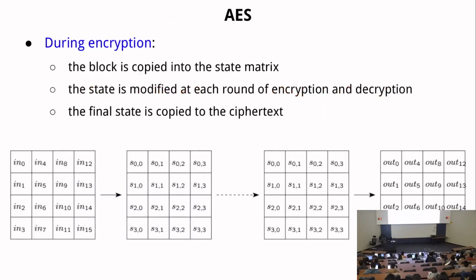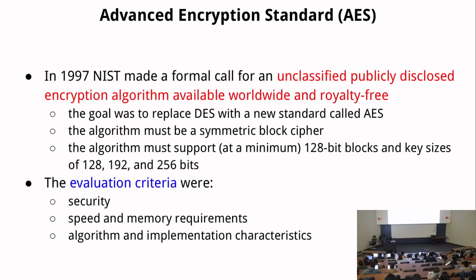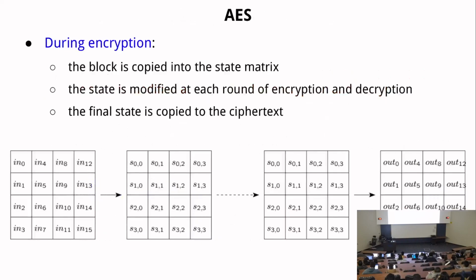So AES was designed a little bit differently from DES. It tries to be very fast, and it doesn't really use the Feistel network anymore. For AES, we still have blocks. Let's say each block is 128 bits, which is 16 bytes.